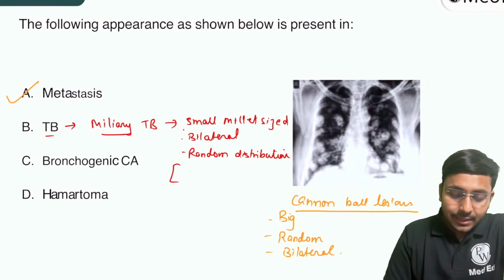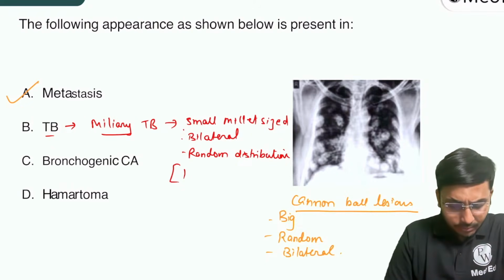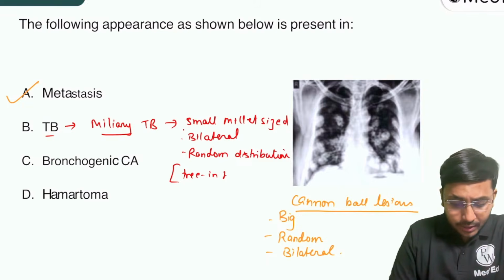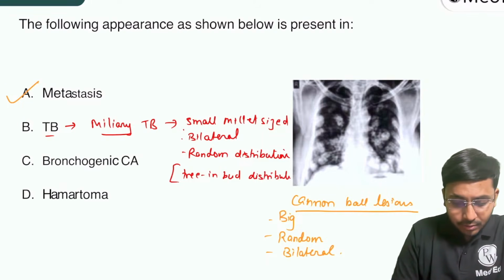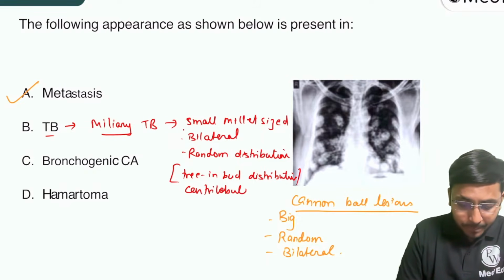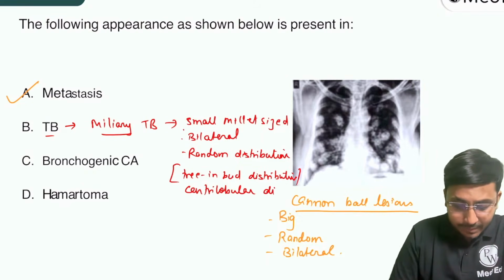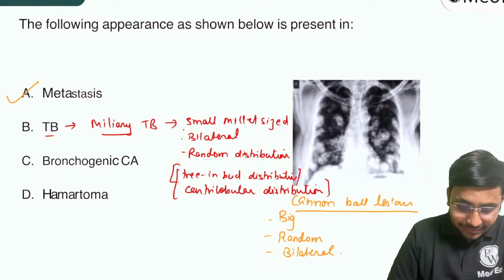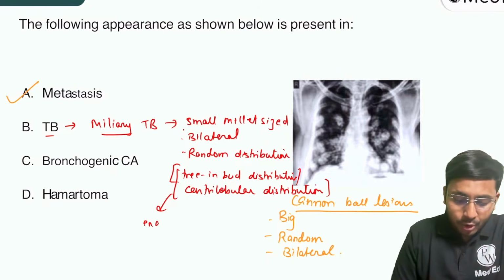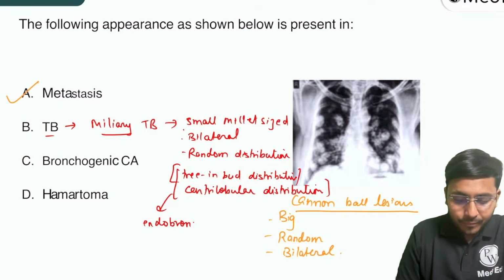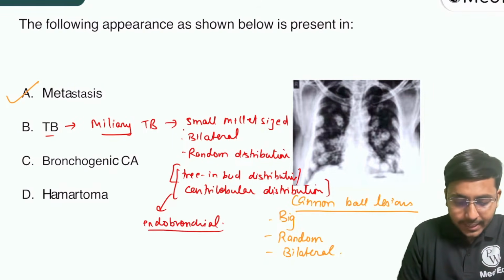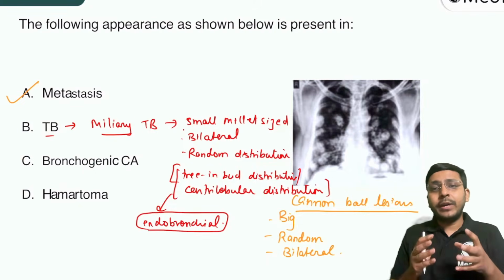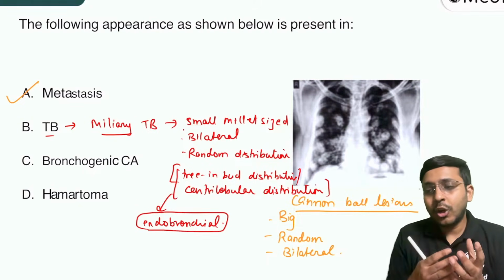Now you will ask me, sir, but you said tree in bud or centrilobular distribution was seen in TB. Now this is seen in endobronchial TB, meaning TB that has not yet spread hematogenously.